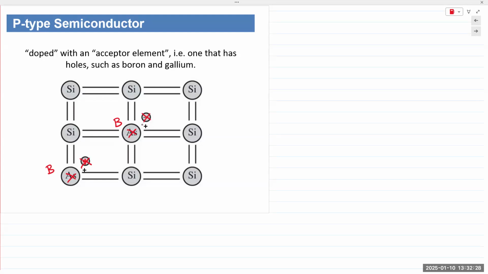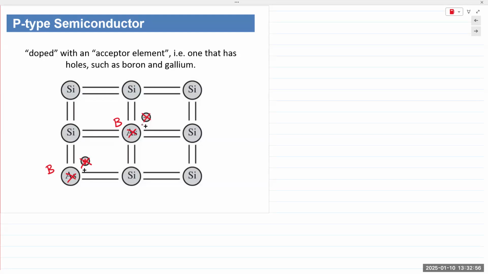So if you take a column 3 element and you introduce it into our intrinsic semiconductor, what do we get? We have 3 electrons. It forms bonds with 3 of the silicon atoms. And there's one empty spot, meaning there's a hole that is present because of only 3 electrons in the impurity. And because of that, we now have an extra positive charge.